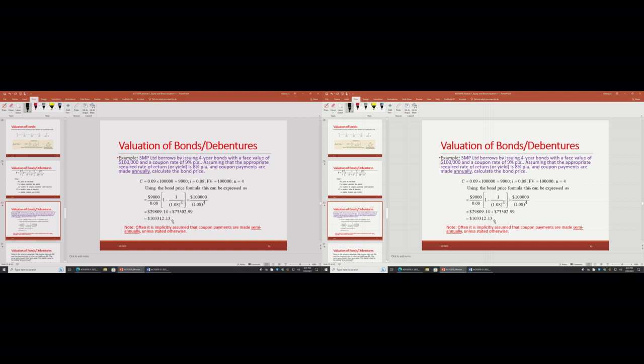Okay. So now let's change this coupon rate to 8%, for you to practice. So let's change the coupon rate to 8%. Can you calculate the bond price for me?